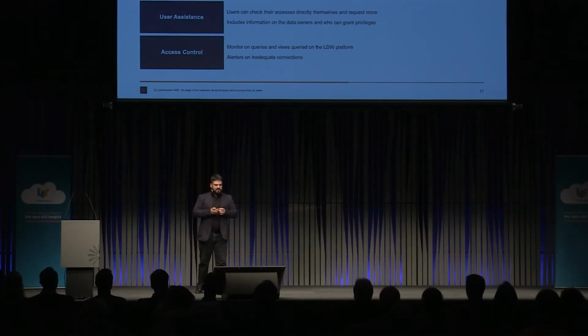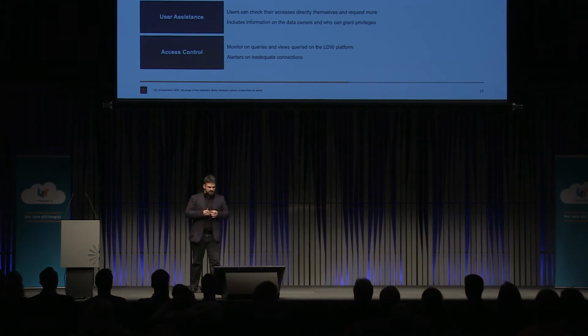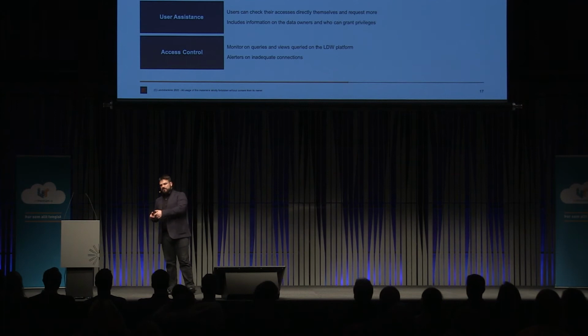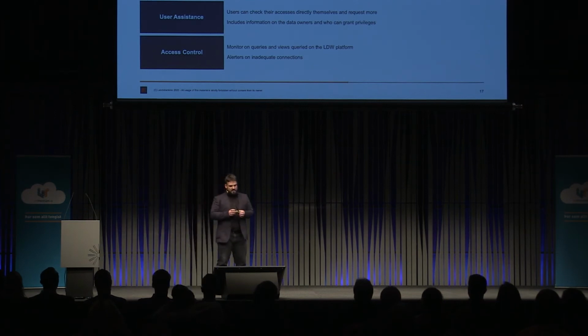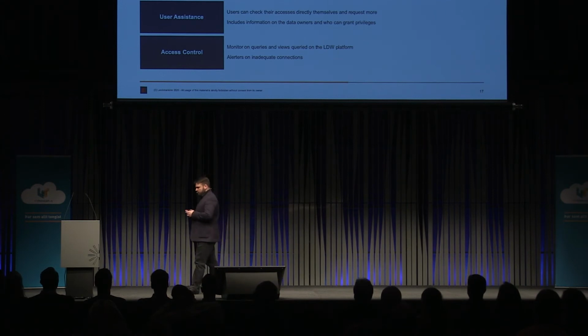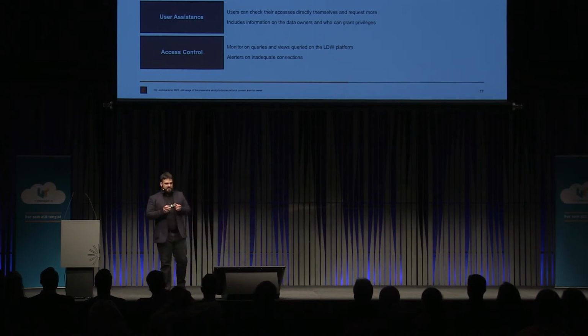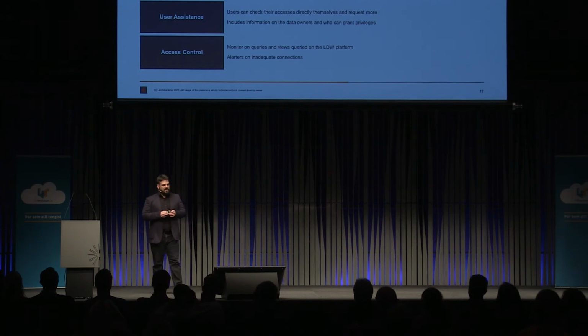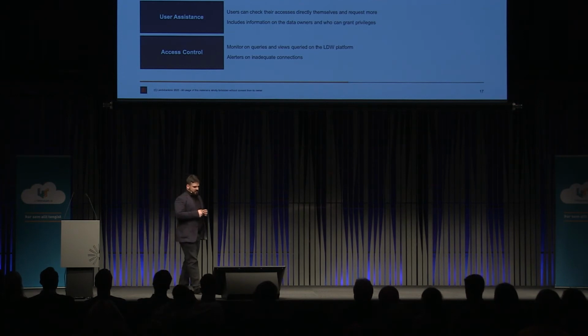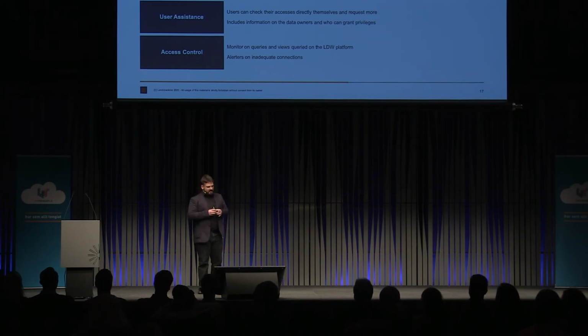We do mask some data, so all the personally identifiable information of the customers, which you're not supposed to see, is hidden. We've also developed a system to help users know which accesses they have and how they can ask for more if they need to, and whom to contact. And of course, on top of that, we have some monitoring and alerts on unusual connections.